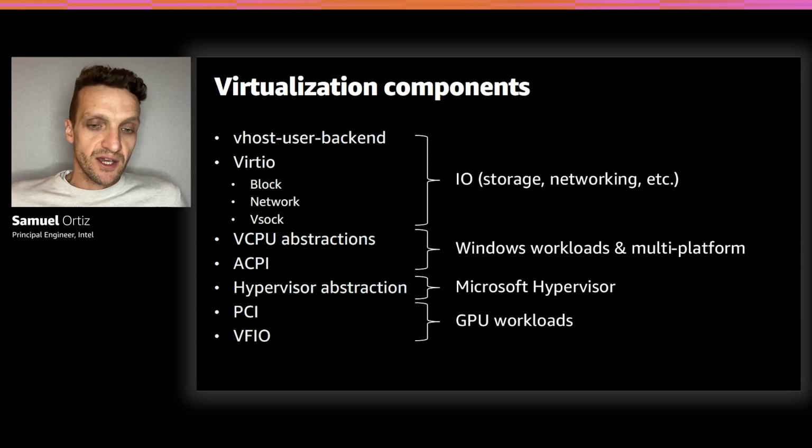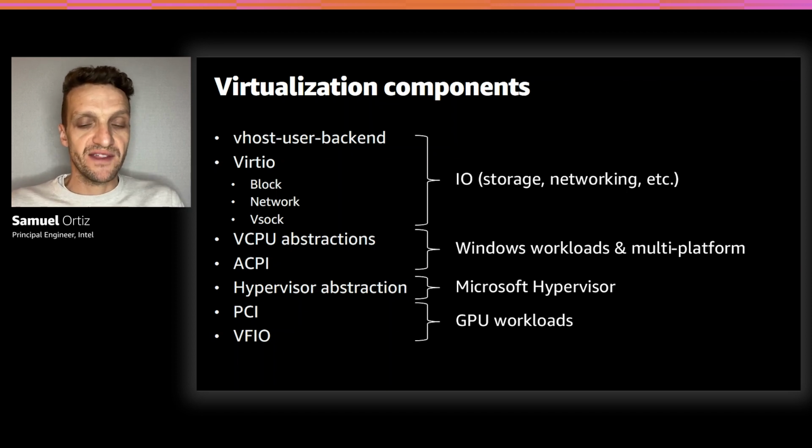To support something like Windows, but also to support other platforms than x86-64 or ARM64 that we currently support as well, we're going to add a vCPU abstraction crate. And again, the ACPI crate is something that you need for a bunch of legacy or regular VM workloads like Windows or things like Ubuntu that do expect a platform description through ACPI.